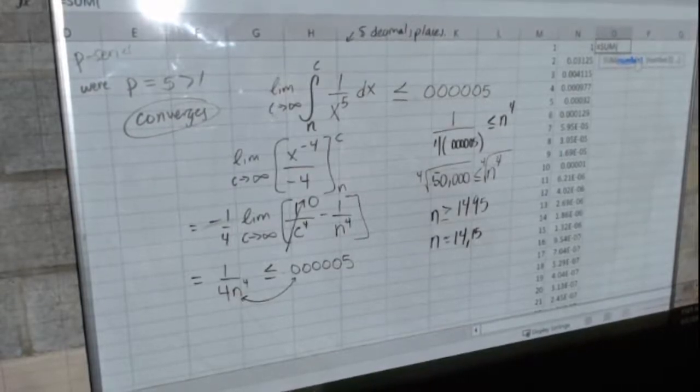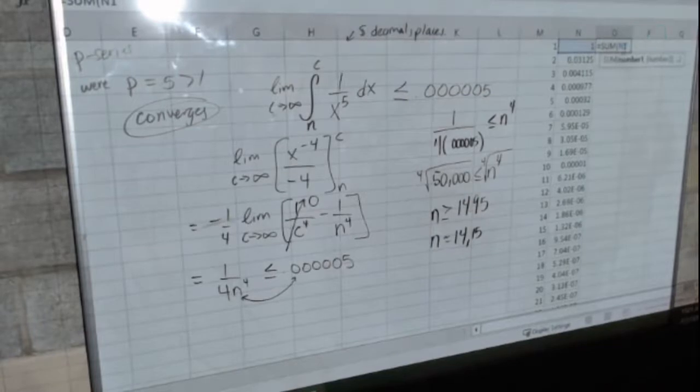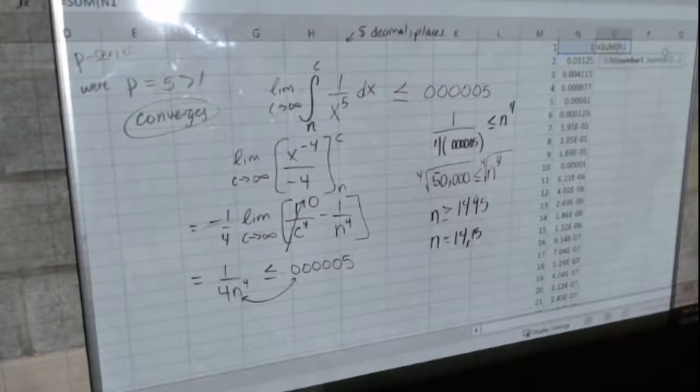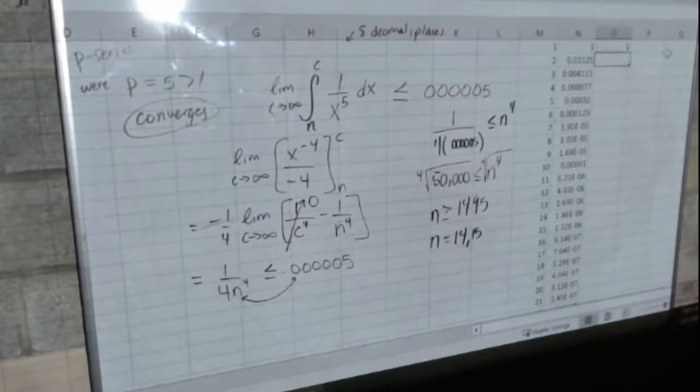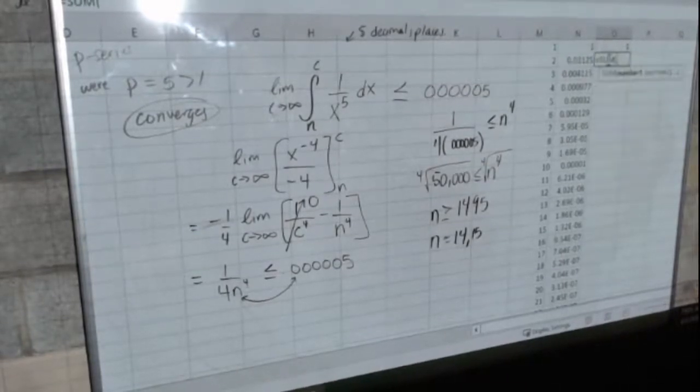Alright, so I want the sum. I want to do a running sum, so this will be the sum of the first term. And I'm going to put dollar signs in front of the letter and in front of the number. That will make it such that it always uses the first cell here as I continue on. So equals sum.